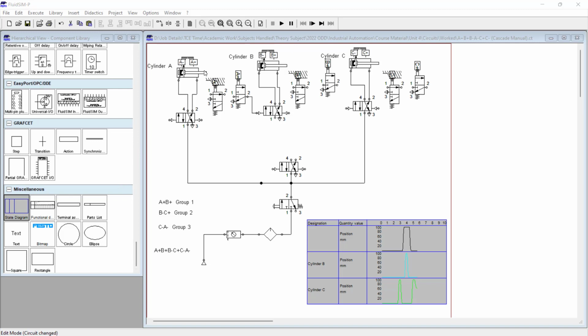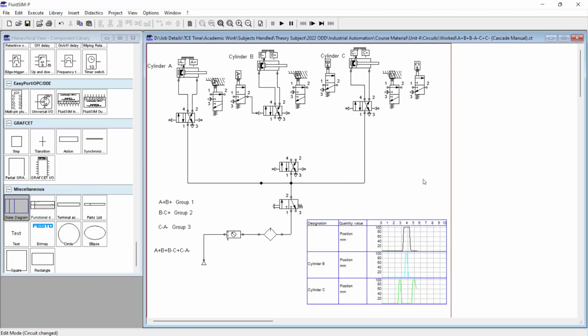I require 3 cylinders, 6 limit switches, 3 DCVs, and 2 group changing valves.